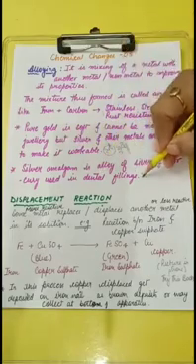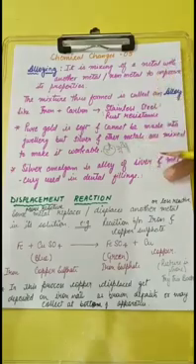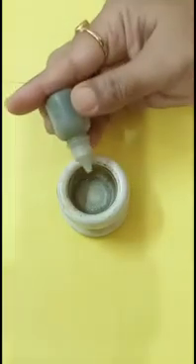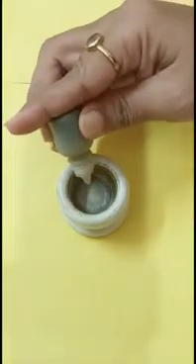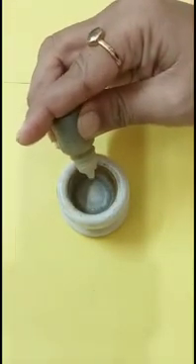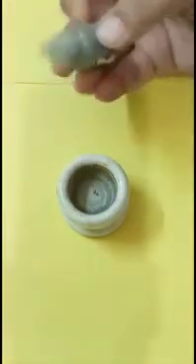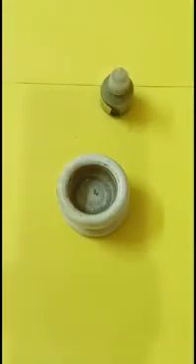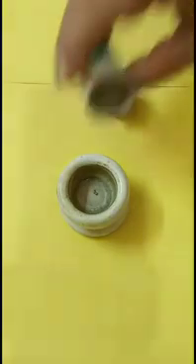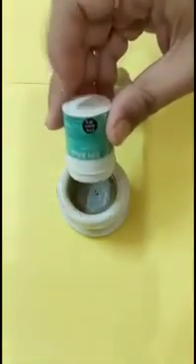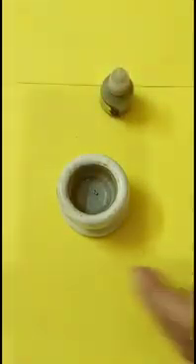I'll show you the procedure of how we make the silver amalgam. Amalgam is an alloy which contains mercury. See, this is mercury. On this we add some silver powder. And then we mix it.